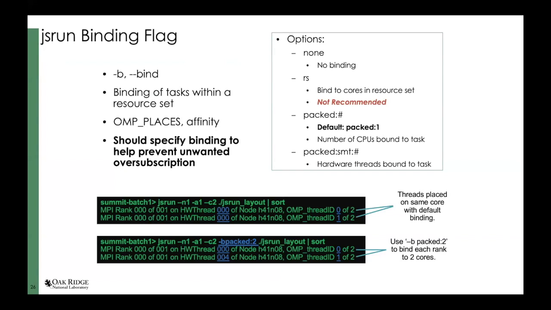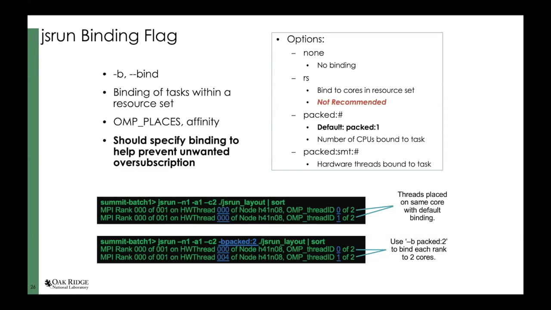So I think the best way would be to use the binding packed, where you say packed: and then the number of CPUs. And there's also a packed:smt, which is the last item in that green box. It'll let you say not the number of physical cores, but threads instead. So these are the SMT hardware threads.